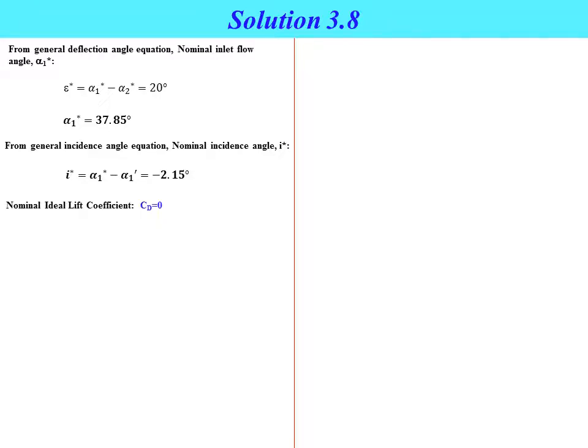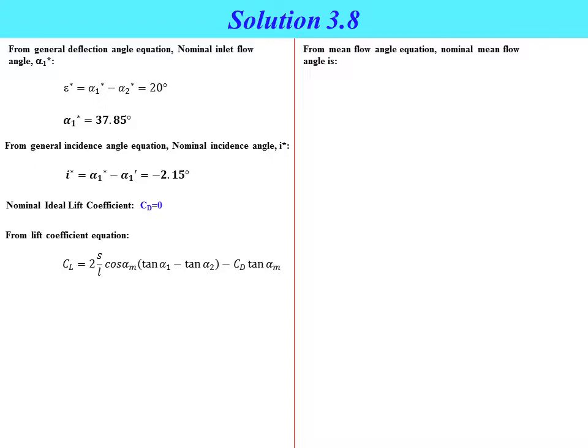For the nominal ideal lift coefficient, we need to know that for the ideal case, CD will be equal to 0 because we neglect the effect of drag force or drag coefficient. From the lift coefficient equation, as shown in the slide, CL equal to 2 s over l cos alpha m multiplied by the bracket tangent alpha 1 minus tangent alpha 2 minus CD tangent alpha m.